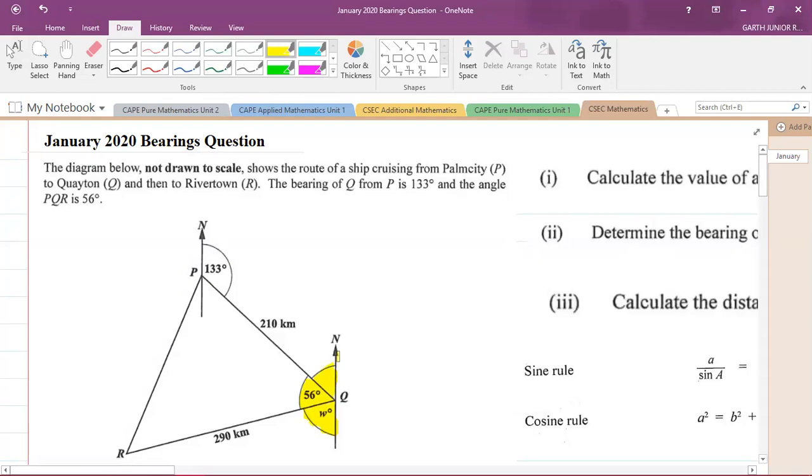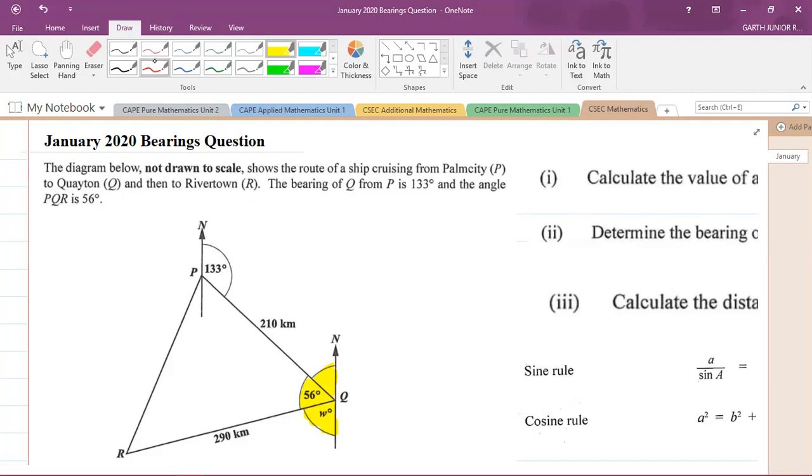We know that the sum of angles on a straight line is 180 degrees, so I can use that fact to calculate the angle W.